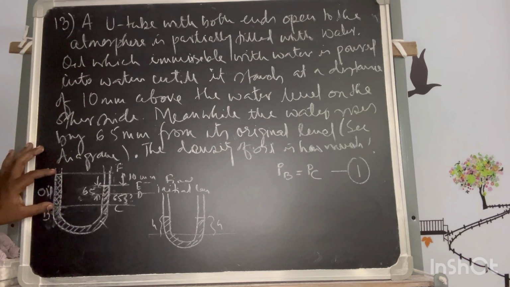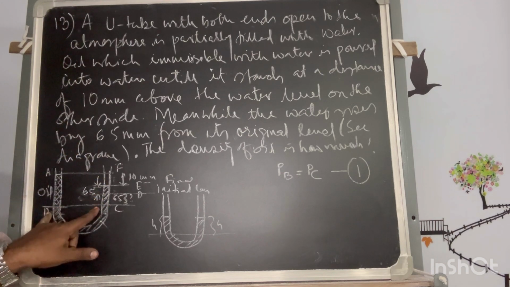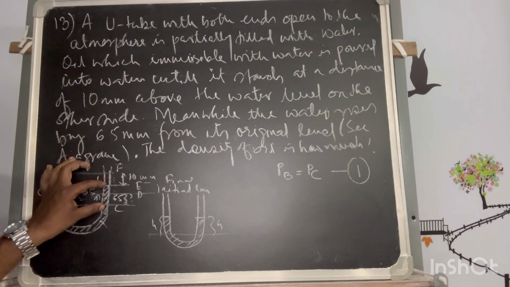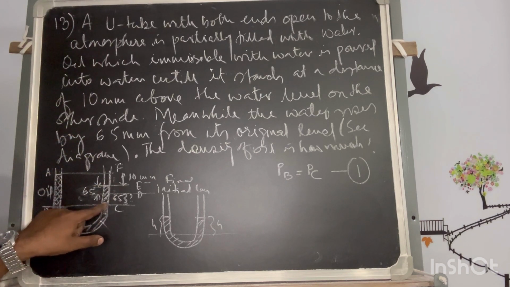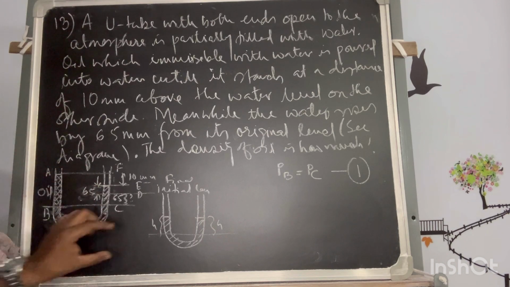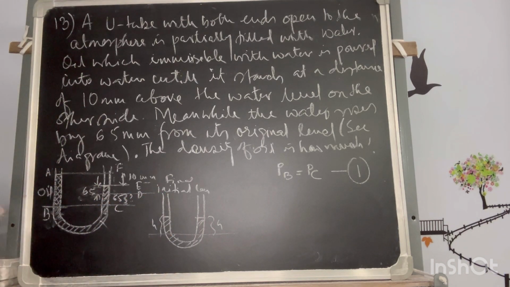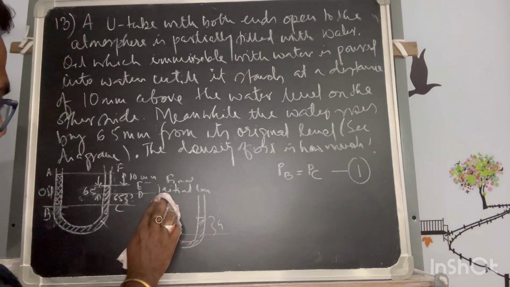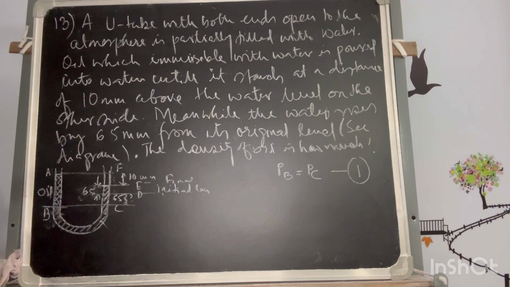Whatever the height of the liquid, if I remove it, it will be equally distributed about this horizontal line. So if the initial line is 65, then below that, up to here, must be 65, because this will balance the other side; only then will it be in equilibrium if only water is there. Understood? It is not very difficult to understand, but sometimes people may get confused about what the height would be.